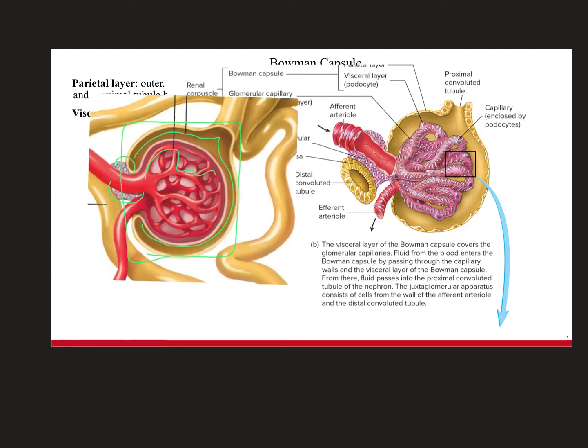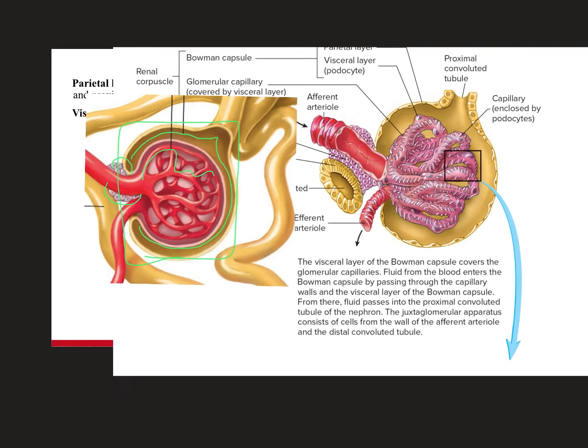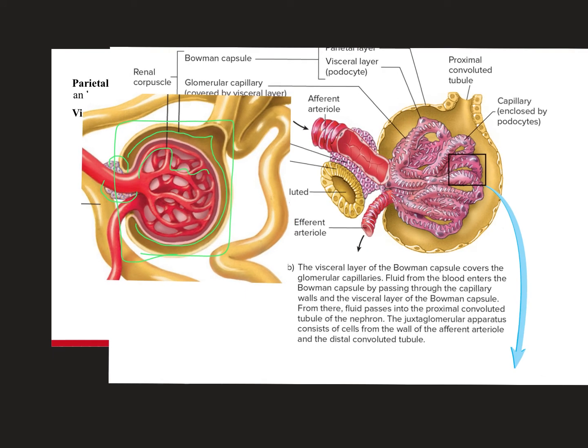Do they look the same? What looks different about them? They're enclosed. They have little cells wrapping around them, right? They have little cells, and those little cells have little feet. And we're going to talk about what those feet are in a little while.